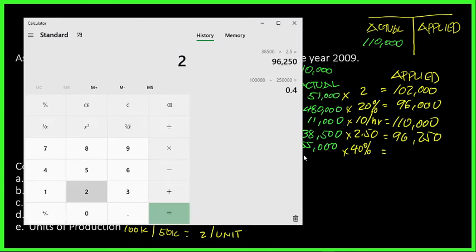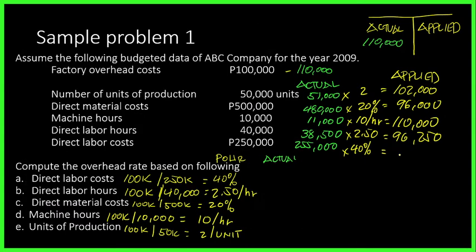Remember 255 times 40%. Yan, 102. So you now have 102,000. So this is now your applied factory overhead. So assuming that we are applying, ano kayong maganda dito?